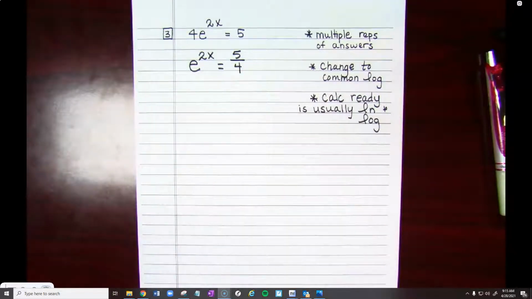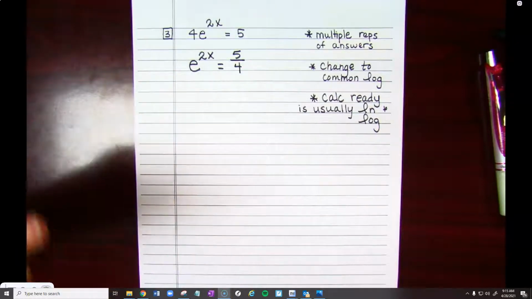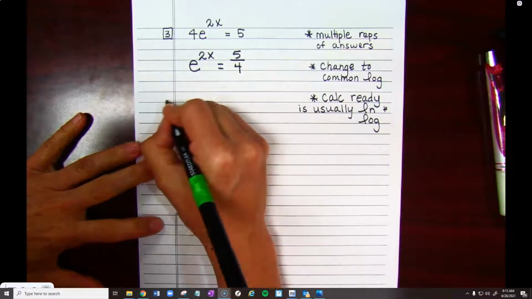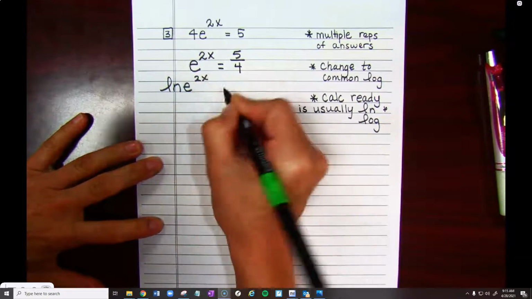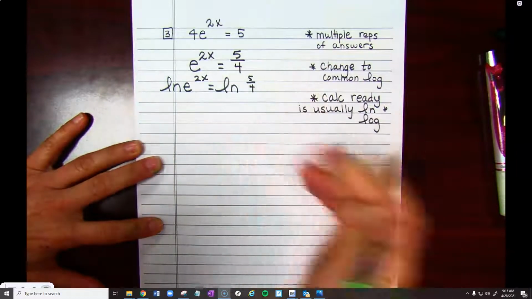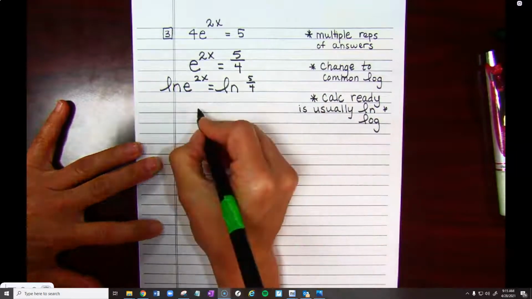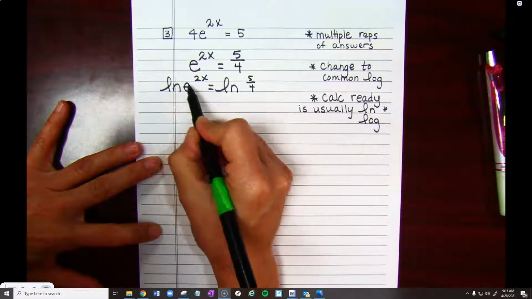So again, I cannot rewrite this as a base of e, so I'm forced to take the natural log. So this is going to be natural log of e to the 2x equals the natural log of 5/4. So from here, I am going to be able to cancel this out.